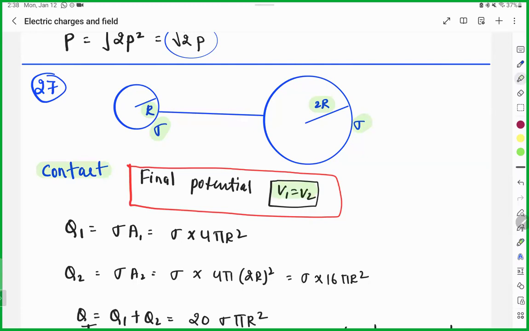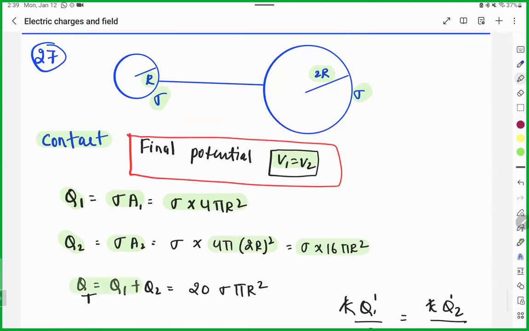What will be the charge in the first situation? Charge is equal to sigma into area. Area for a sphere is 4 pi r square. You can calculate this. This is the charge.